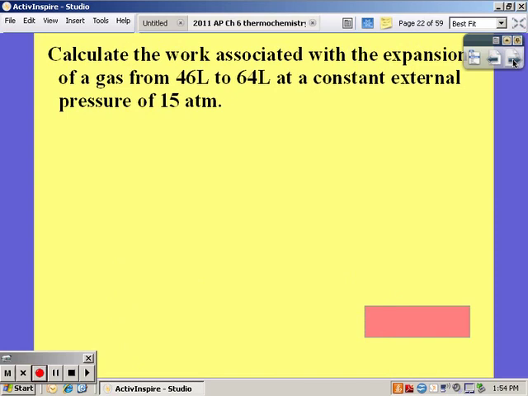So we need to calculate the work associated with the expansion of a gas from 46 to 64 liters at a pressure of 15 atm. We write down our equation.